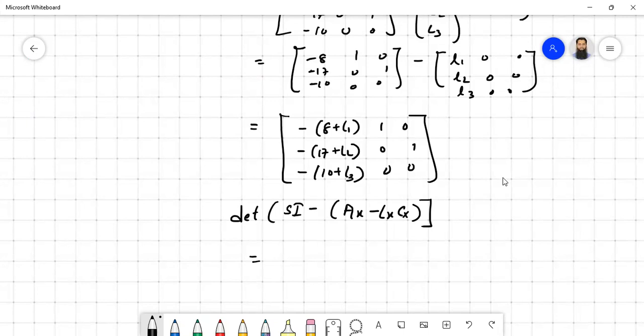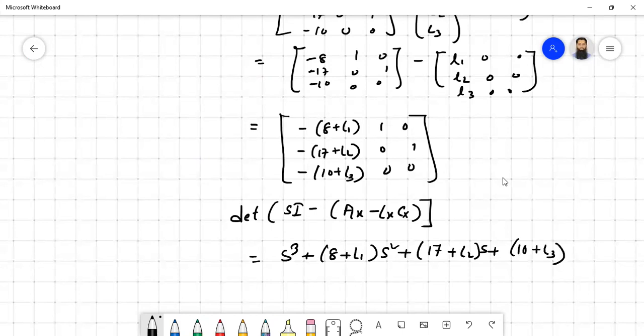So we can write it this way: S cube plus (8 plus L1) S square plus (17 plus L2) S plus (10 plus L3). So this will be our characteristic polynomial.